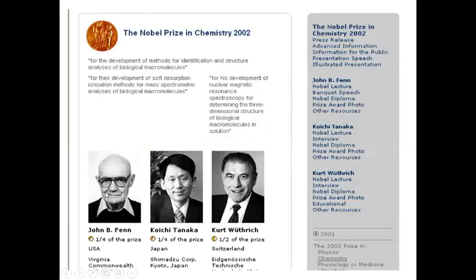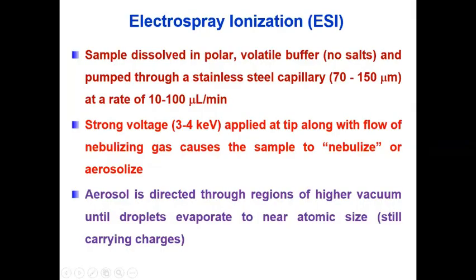So these are the different pioneers of electrospray ionization and MALDI, and for the development of MALDI and ESI they got the Nobel Prize. So this is about the electrospray ionization technique.